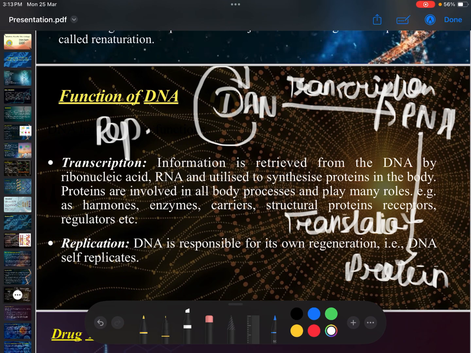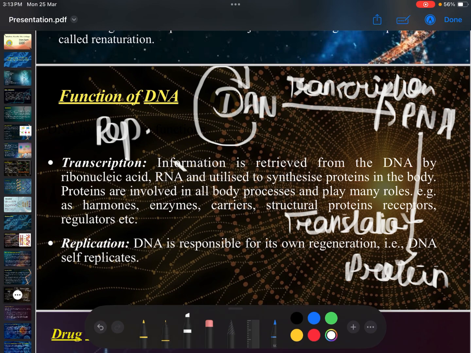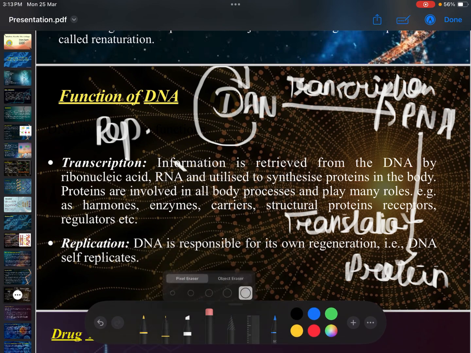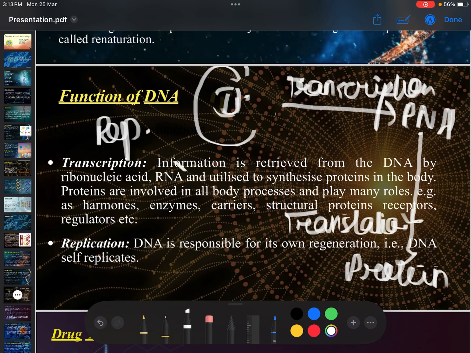So DNA converts to RNA via transcription, RNA converts to protein via translation, and DNA self-replicates via the process of replication, and that is carried out using the DNA polymerase enzyme.